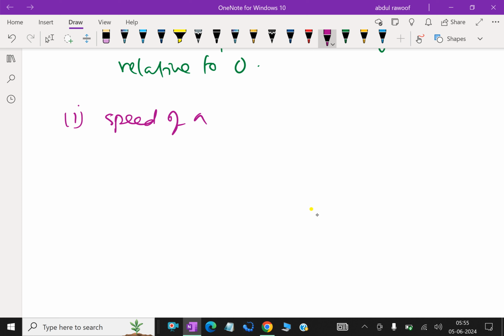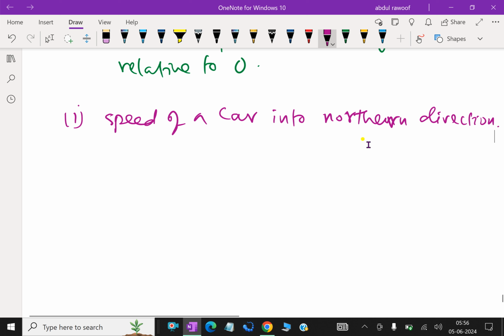The speed of a car in the northern direction. Speed is a scalar, but it has a direction, that is the northern direction.